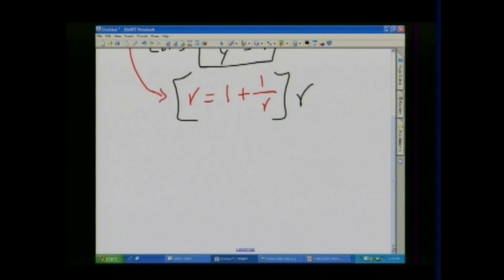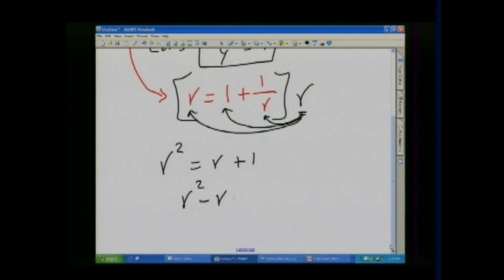So what I would get is r times r would be r squared equal to r times 1 is equal to r, and r times 1 over r is equal to what? 1. Therefore, I have r squared minus r minus 1 equal to 0.